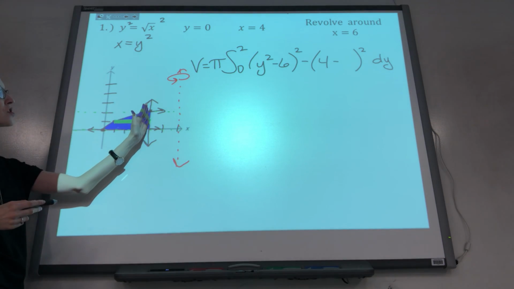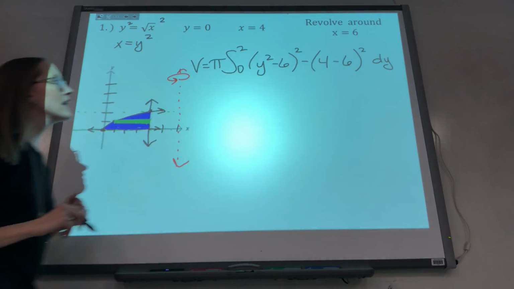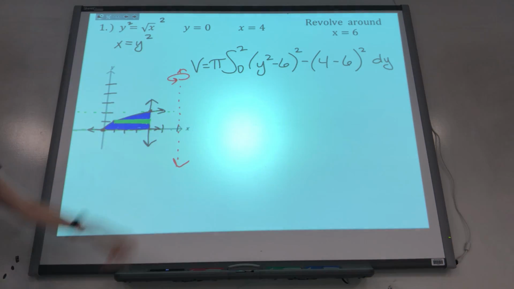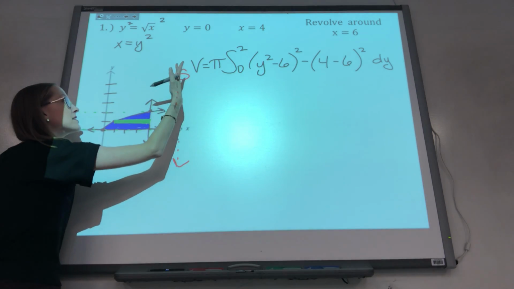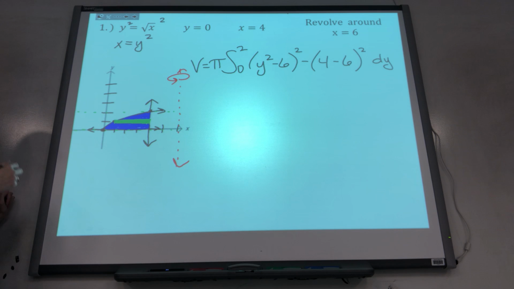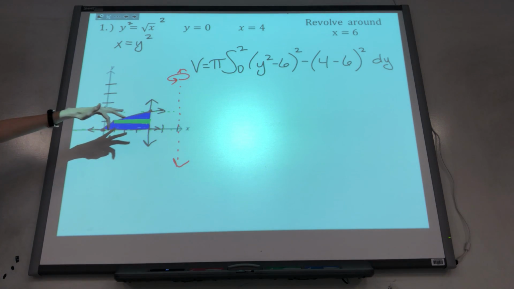And we have to subtract that function minus the axis of revolution. It's a lot of the same steps as Monday, but again, the only main difference is that you have to integrate with respect to y because it's a vertical line like the y-axis. Now, any questions about the setup first?